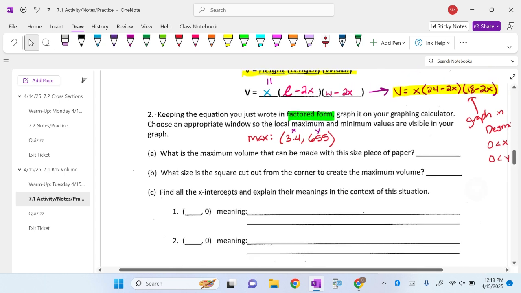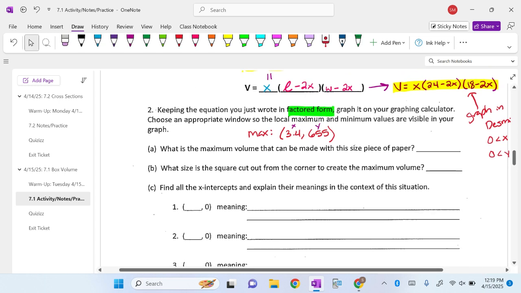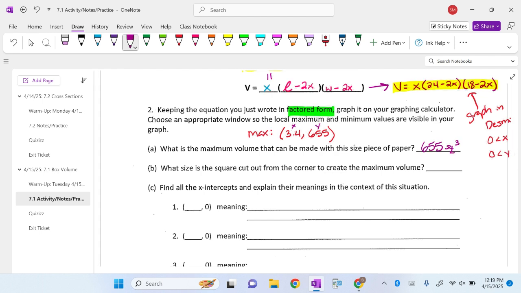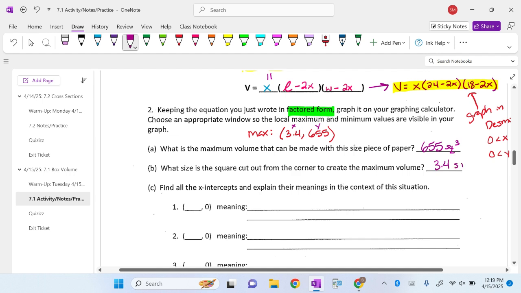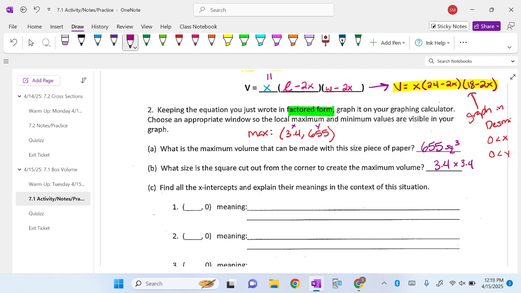Thus, the biggest volume we can make is 655 cubic units. And the size of the square that gives the maximum volume is a 3.4 by 3.4 box. That's the biggest box that we can make that would give us the maximum volume.